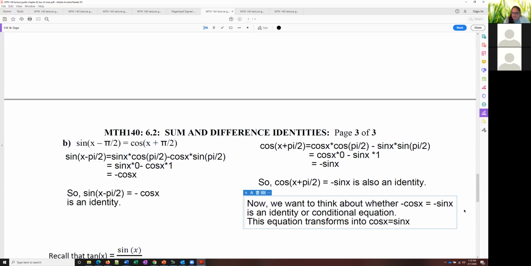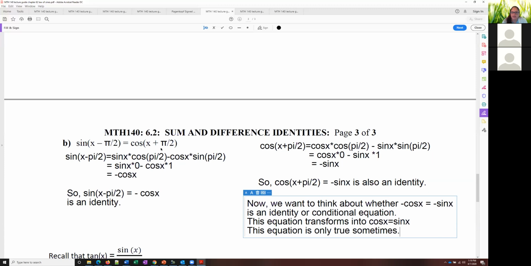What do you guys think? Is that always true for every value of x? I don't think so. This isn't true for every value of x. That's only true for a few values of x. So that tells us that our original equation will only be true for a few values of x.